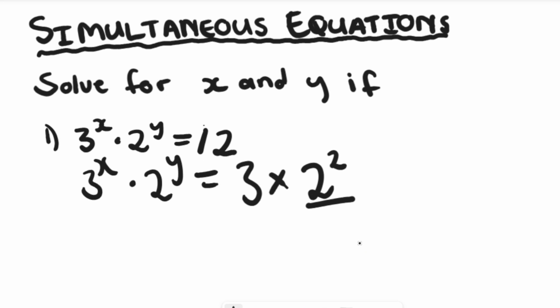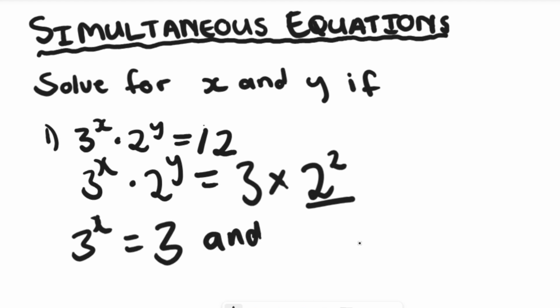We just rewrote the equation as it is, so that we can clearly see that 3 to the power of x is equal to 3, and 2 to the power of y is equal to 2 to the power of 2.